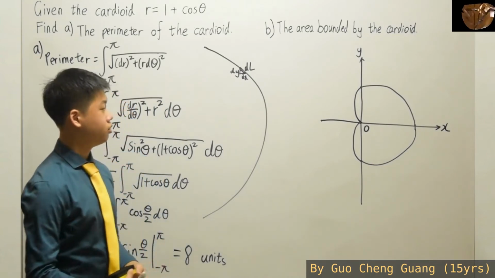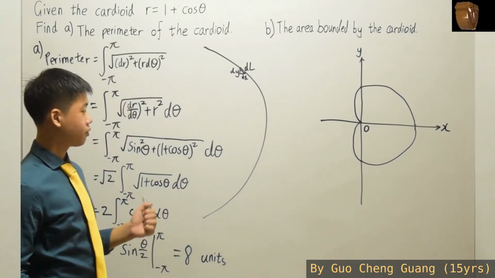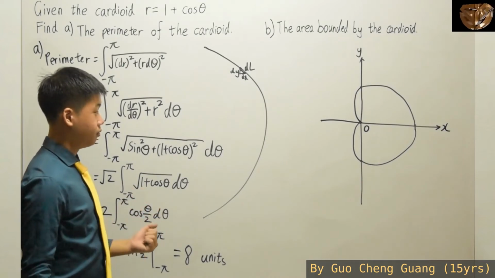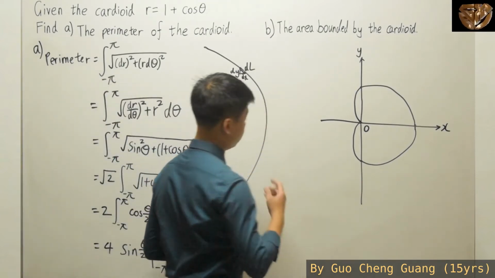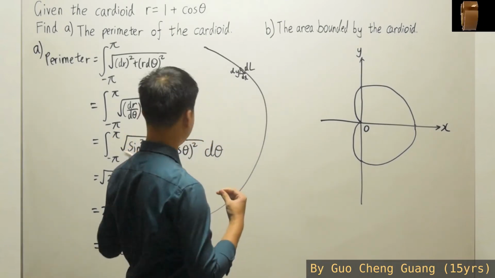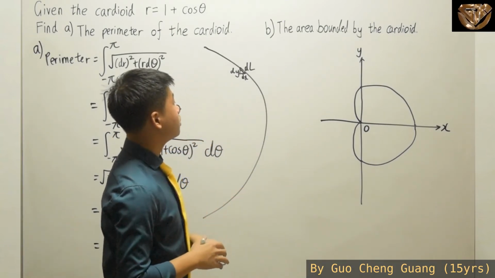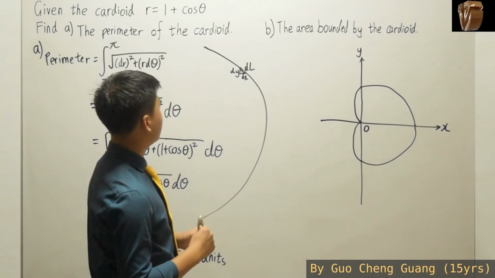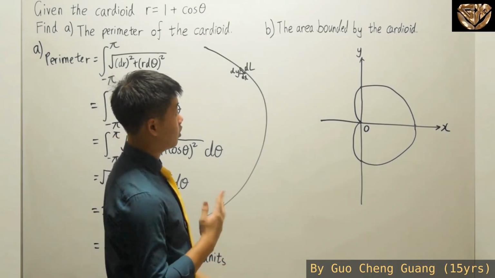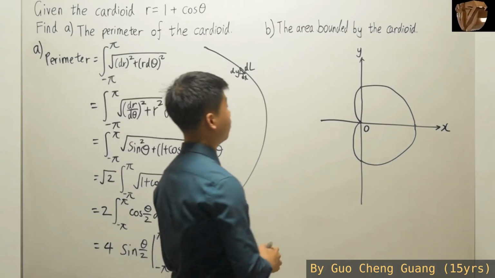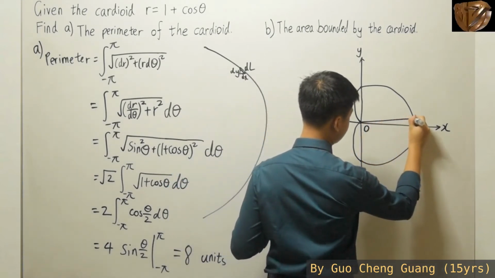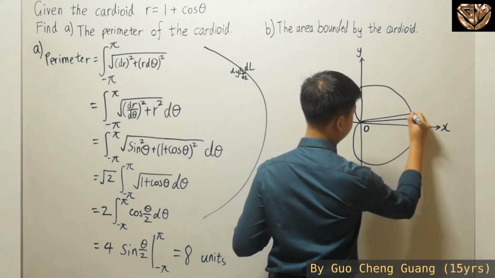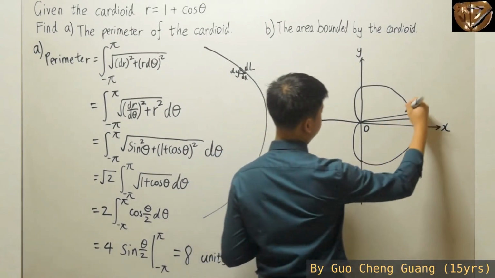So how do we find the area? This area could be easier to think about than your perimeter. If you go by a similar thought process where you just have one slice of it, let's say you take out this slice over here.